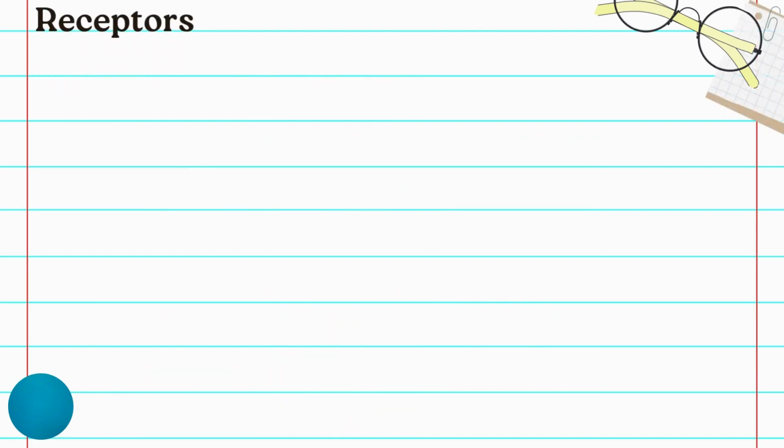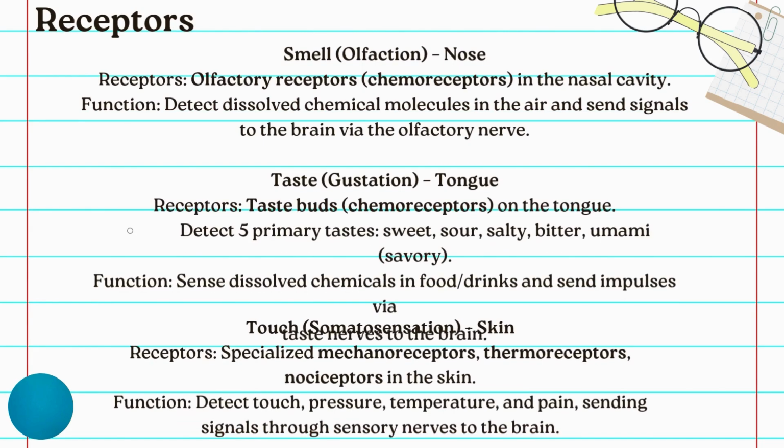And then we have smell. In your nose or nasal cavity, there are olfactory receptors or chemoreceptors, because they pick up chemicals that are in the air, and they send that chemical stimuli to your brain via the olfactory nerve.